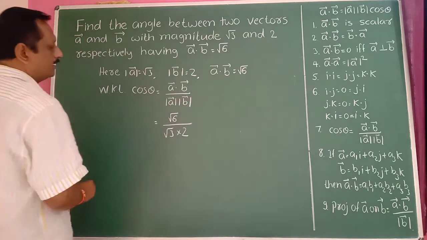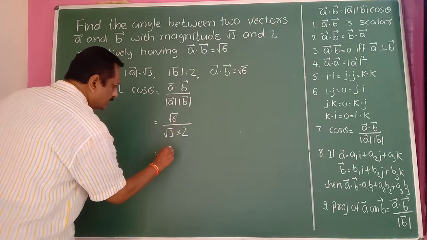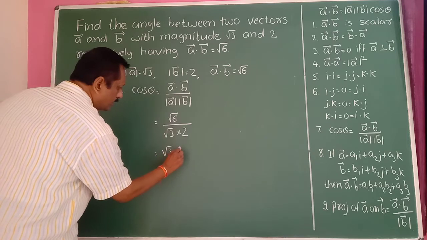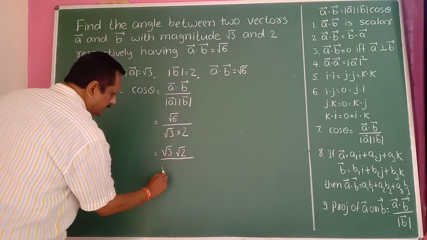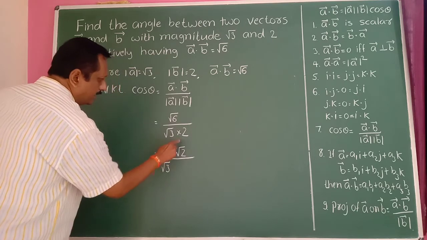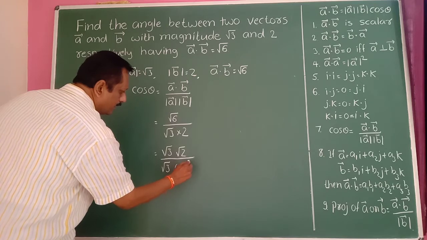Root 6 can be written as root 3 into root 2, and 2 can be written as root 2 square.